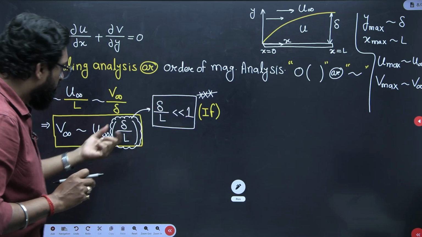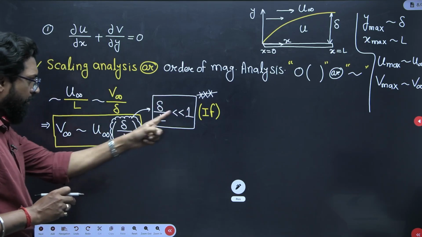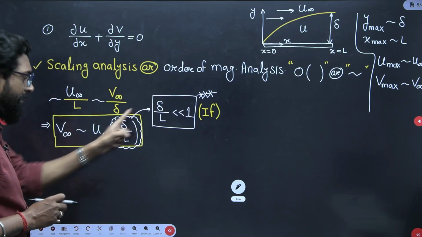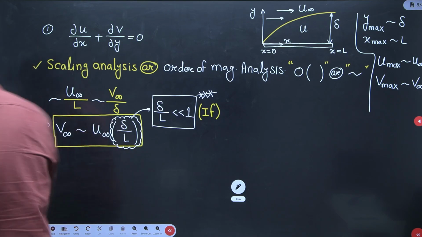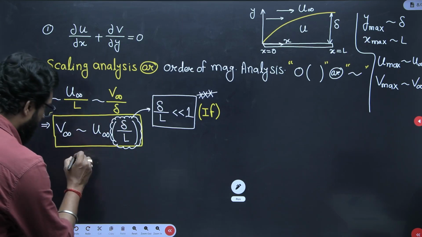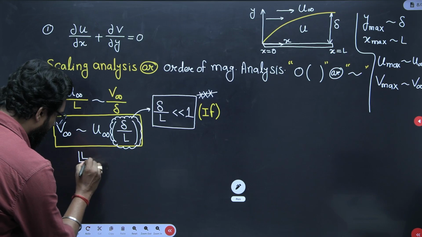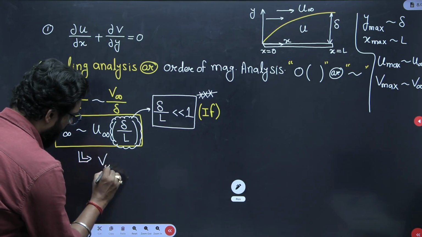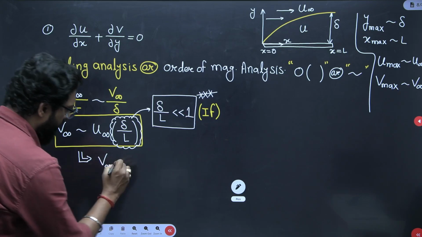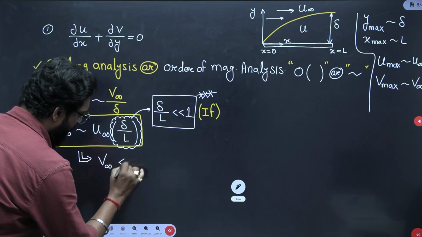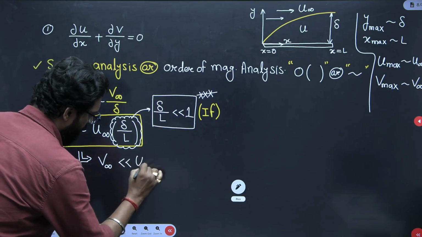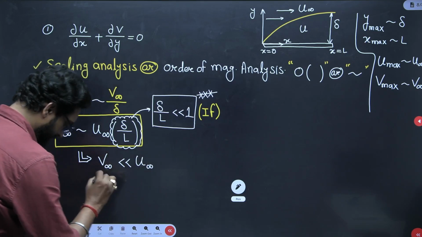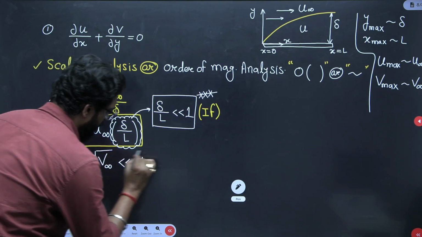So if this is much less than 1, hence, what is the conclusion? Hence we can write that the maximum velocity in the y direction is very, very much less than the free stream velocity in the x direction. This is a very important conclusion.